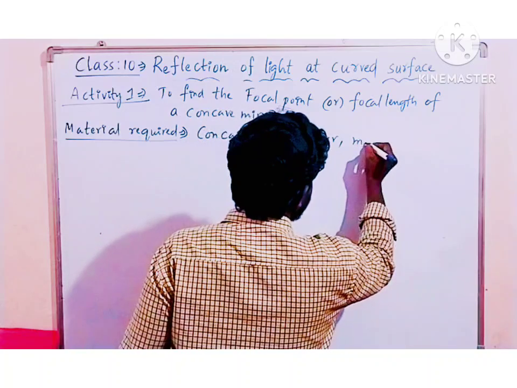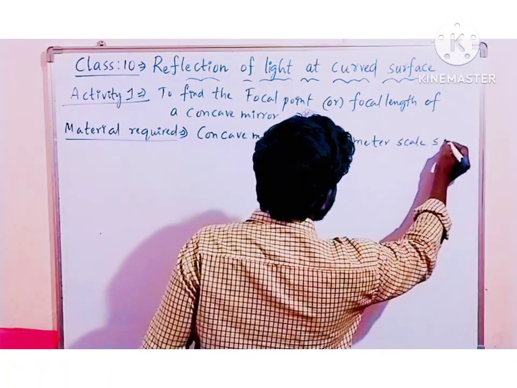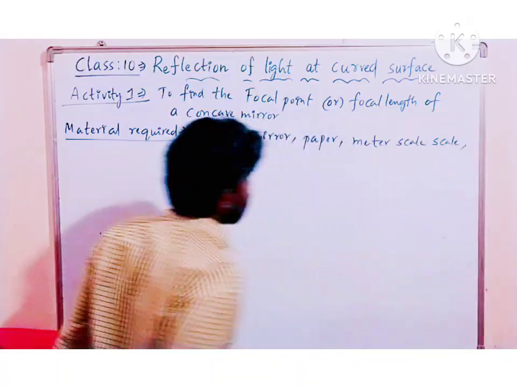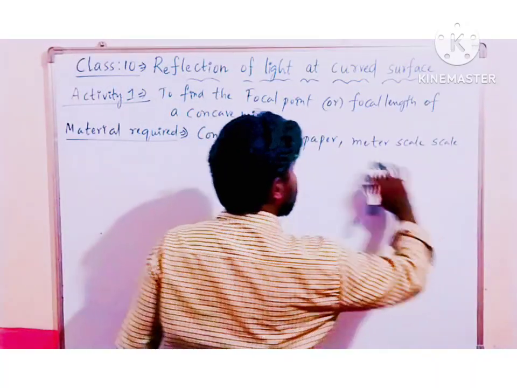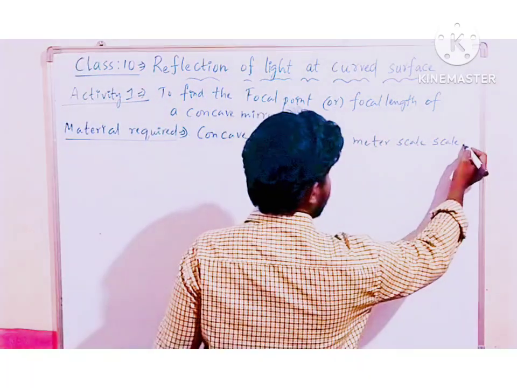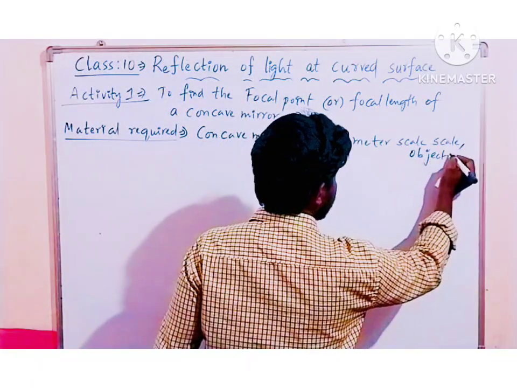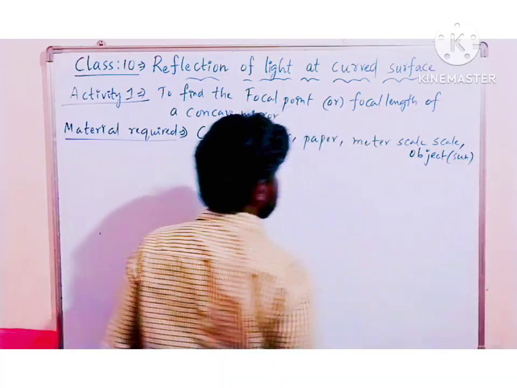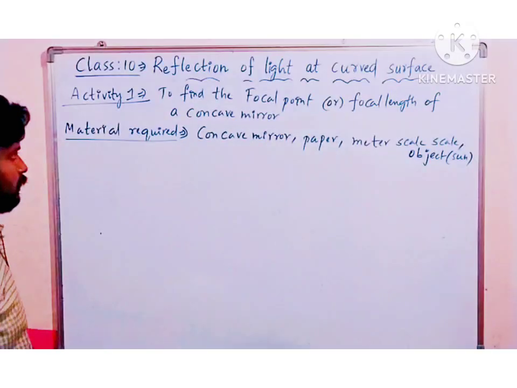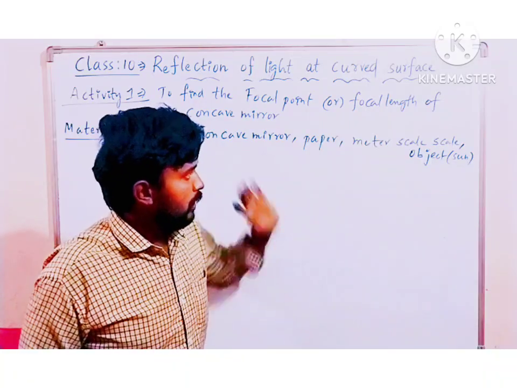Next thing is a meter scale. These are the materials required to conduct an experiment for focal length. Next, we can take the object. Object means we have to take the sun. We have to consider the sun.